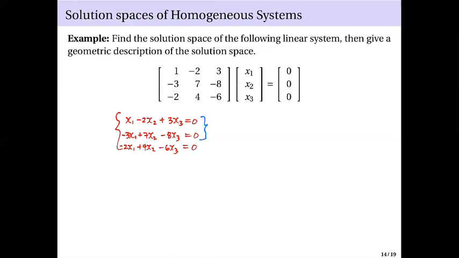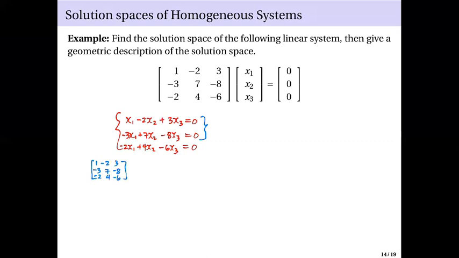Yeah, maybe let us try that to practice. Let us recall Gauss-Jordan elimination or the RREF. So you have 1, negative 2, 3, negative 3, 7, negative 8, negative 2, 4, negative 6.